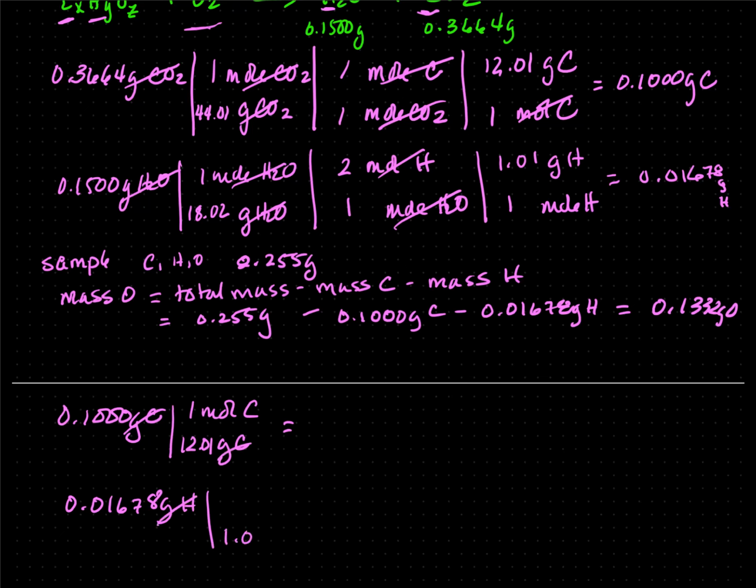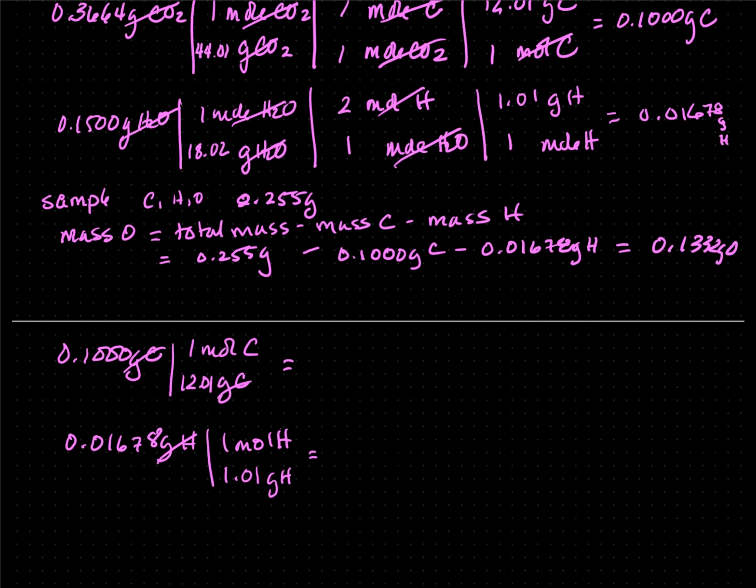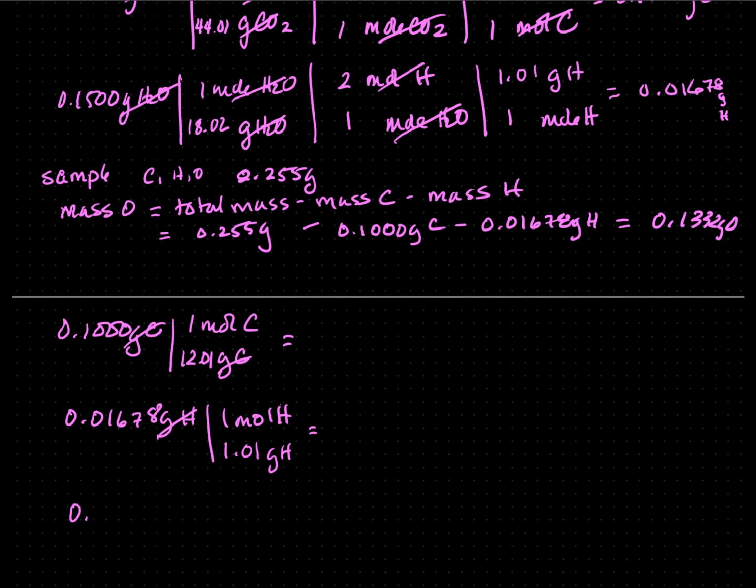This is 1.01 grams of hydrogen to 1 mole of hydrogen. And then for oxygen, it's going to be 0.1332 grams of oxygen. The diagonals, remember, always have to cancel out. This is 16 grams of oxygen to 1 mole of oxygen.